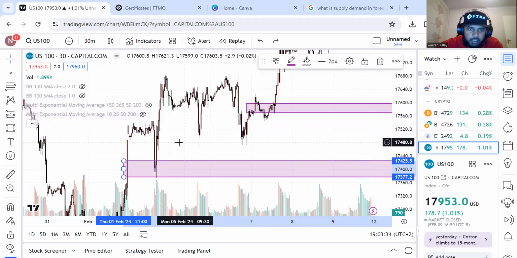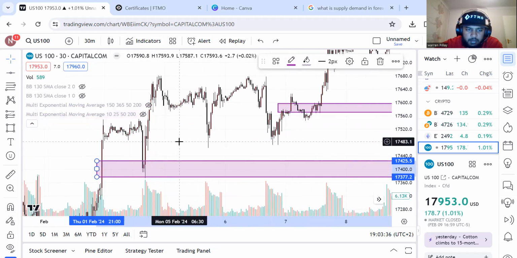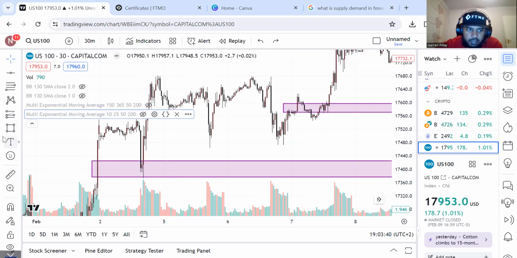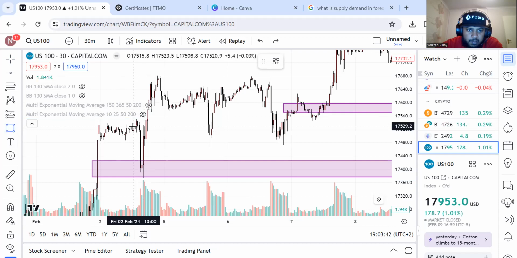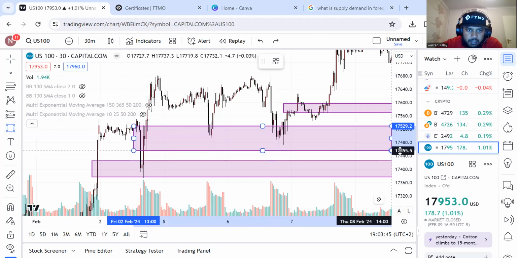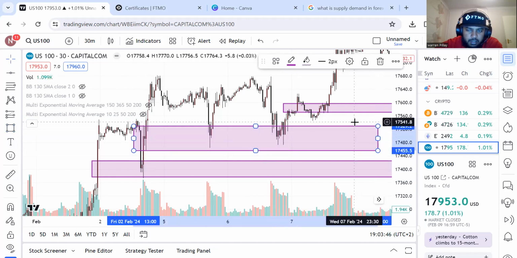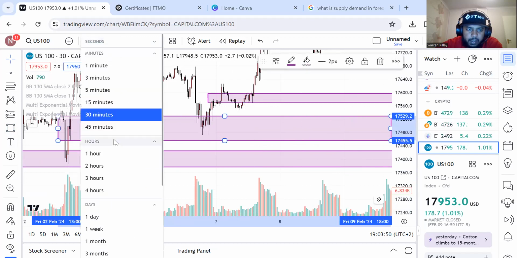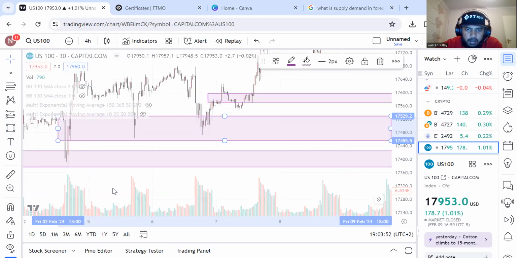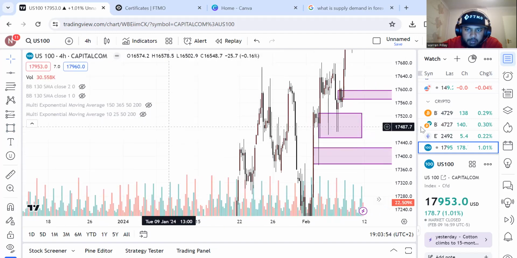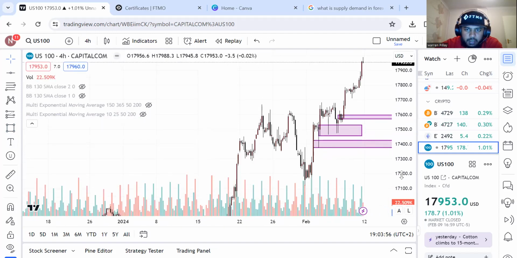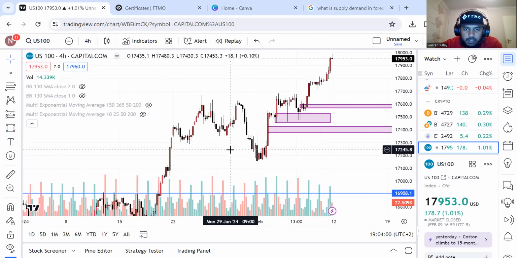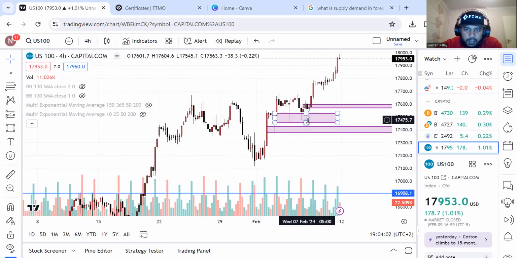But that also means the price moved violently here and the price moved violently here. This also becomes a demand. We'll come back to the H4. We made our demand level smaller, so we're able to get a more precise entry.